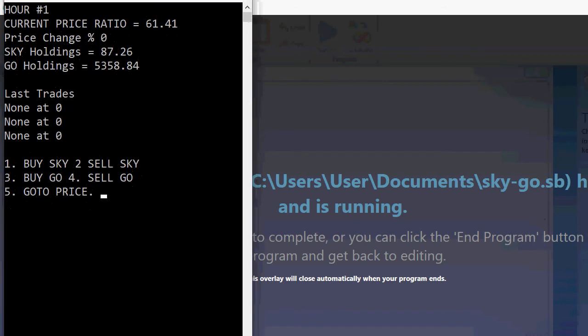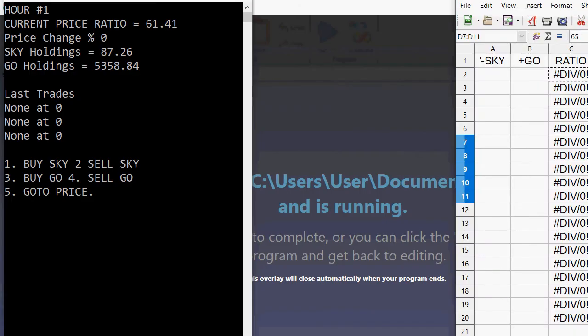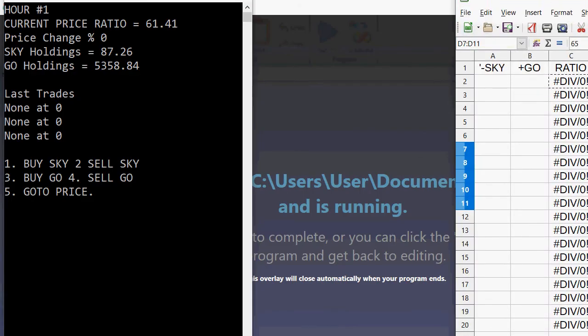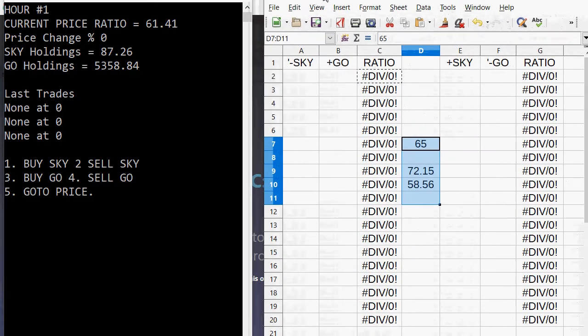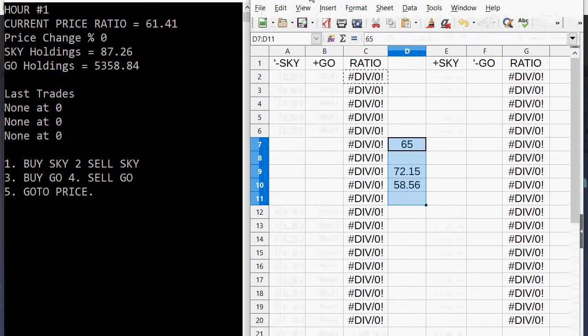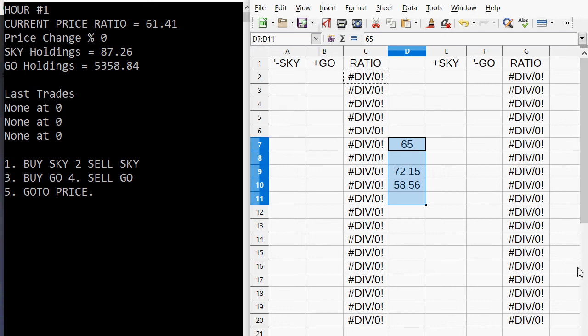This is one of my favorite ways of documenting trades. Let me just size this so it's a nice size. I think we're pretty much there. Yeah, that'll work.